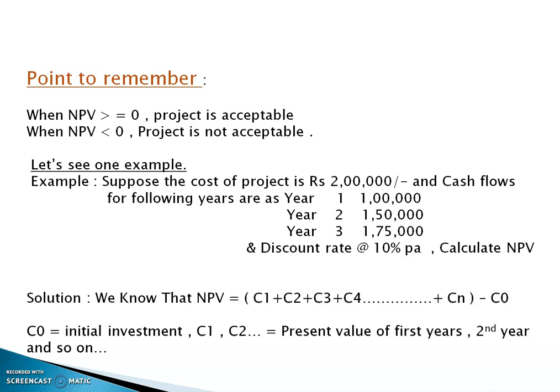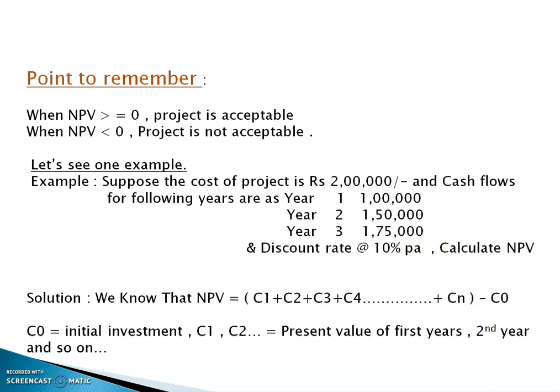Let's see one example. Suppose the cost of a project is 2 lakh and the cash flows for the following years, year 1, year 2, year 3, are 1 lakh, 1,50,000, 1,75,000, and the discount rate is 10%. Calculate NPV.